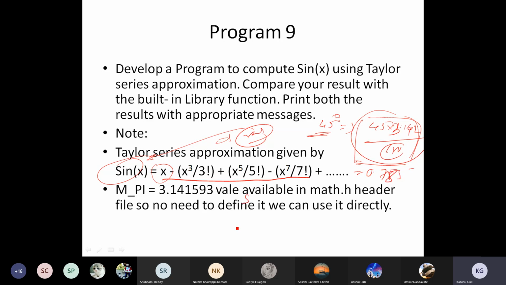What is the sine of 45? You have studied, no? Sine of 45 is 1 by root 2. What is the 1 by root 2 value? Check it out clearly. Is sine of 45 1 by root 2?